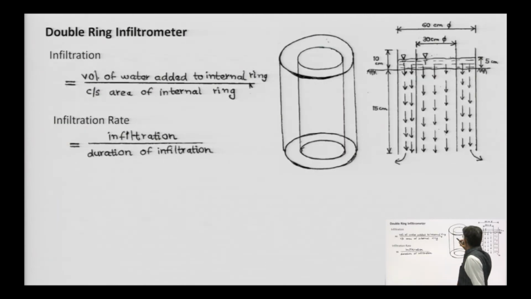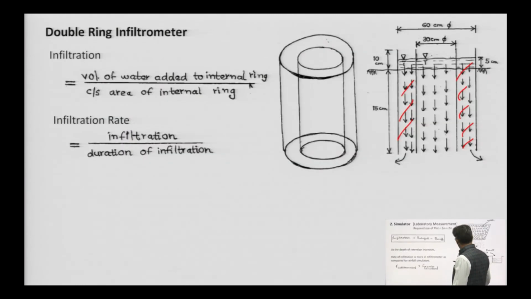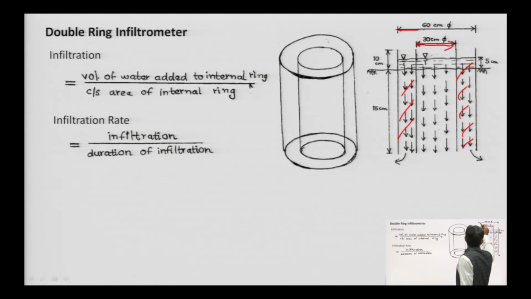In the double ring infiltrometer, we have this type of arrangement. The dimension is slightly changed. It is 50, and here it is 15, the size of the diameter.